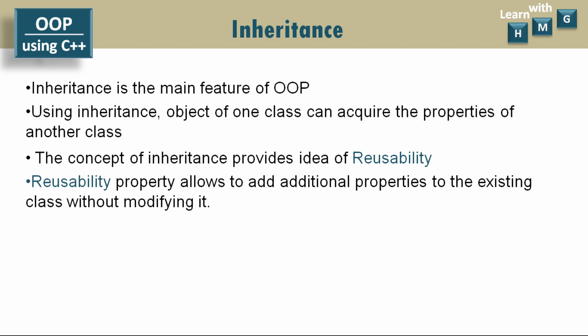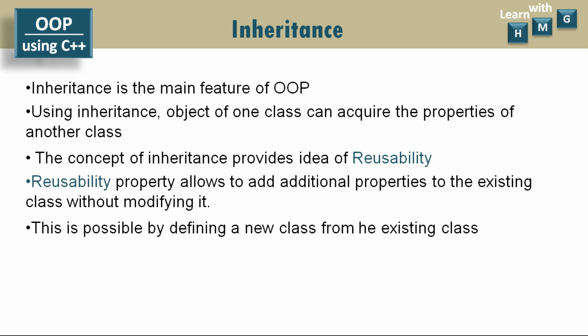The reusability property allows you to add additional properties to the existing class without modifying it. It is not required to modify the existing class at all. The existing class will remain intact. The properties will be added into the newly created class along with the new properties.